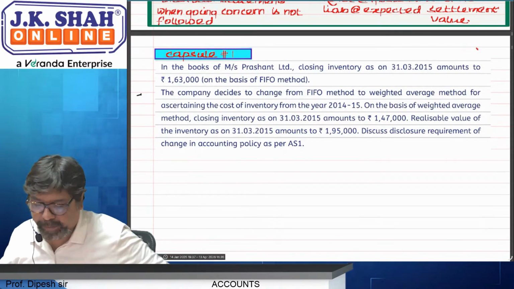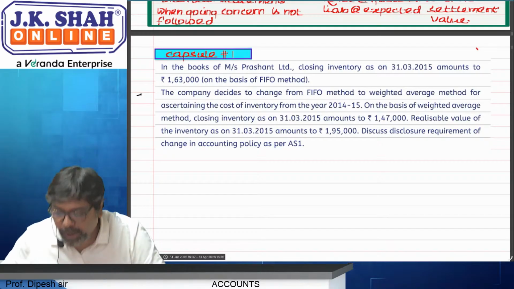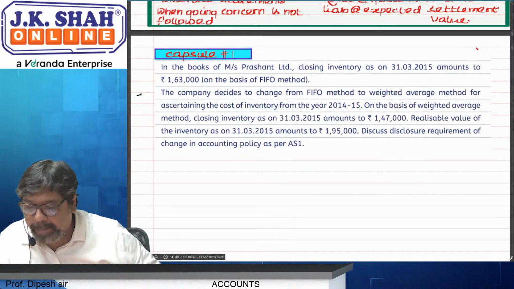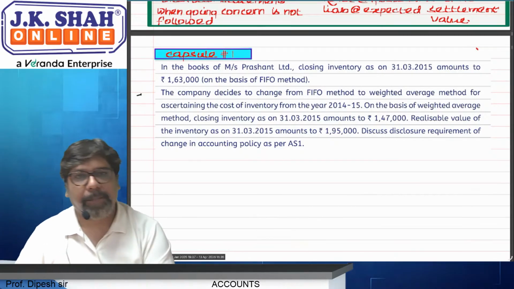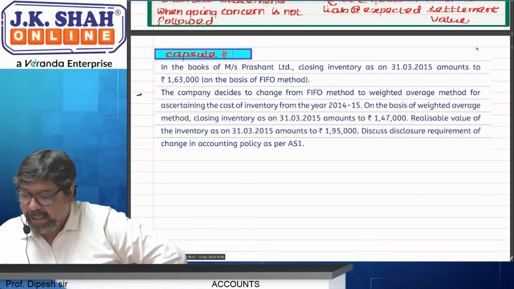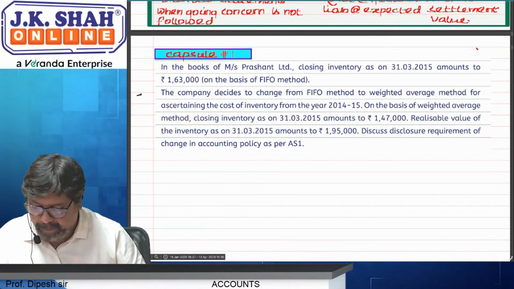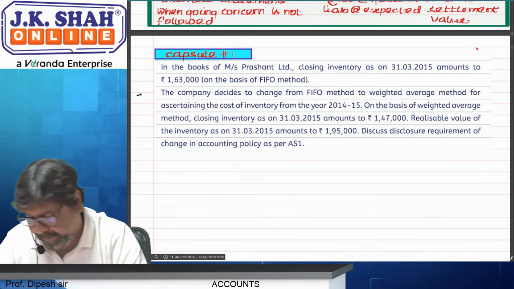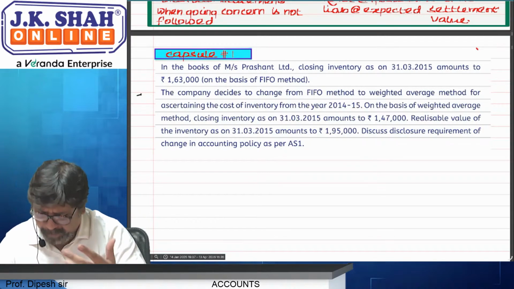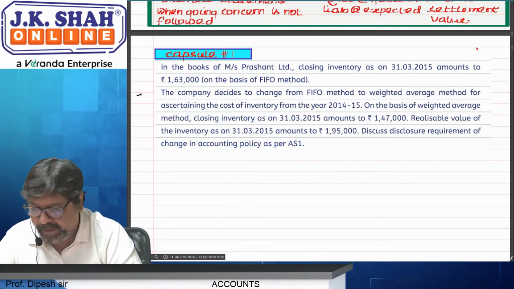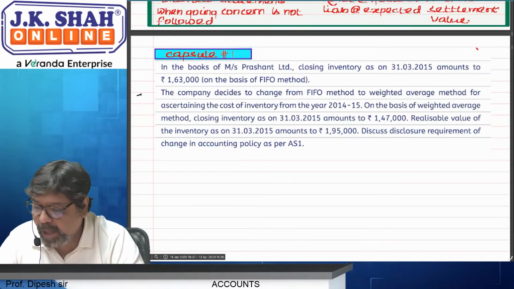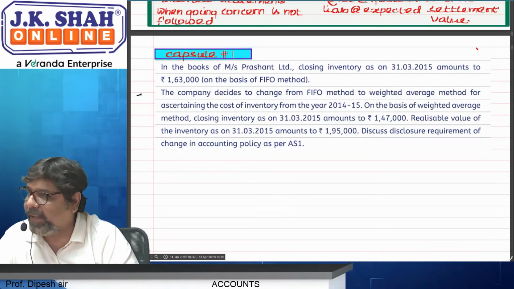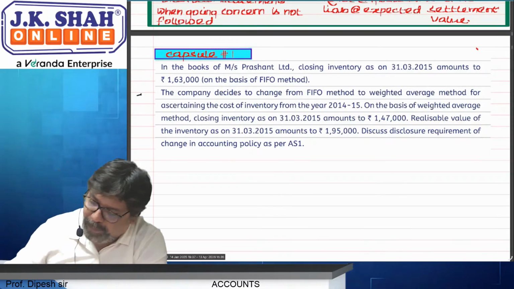Prashant Limited, closing inventory as on 31st of March 2015 amounts to 1,63,000. On which basis? FIFO. Correct? ठीक है. The company decides to change the method from FIFO to weighted average method for ascertaining the cost of inventory for the year 2014-15. For which year? 14-15. On the basis of weighted average, closing inventory would become 147. So your closing inventory under FIFO is how much?